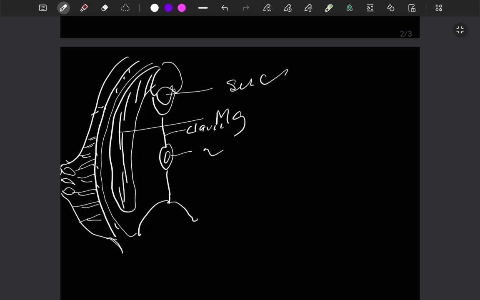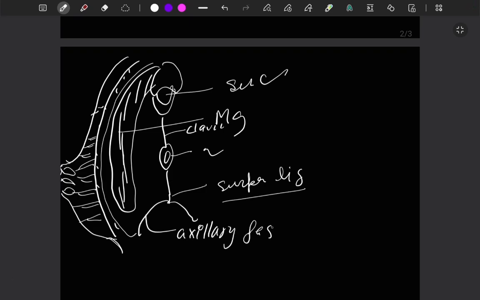It continues as the suspensory ligament, which further continues as the axillary fascia.